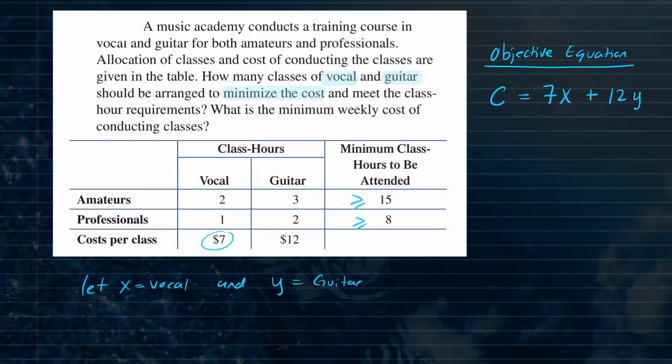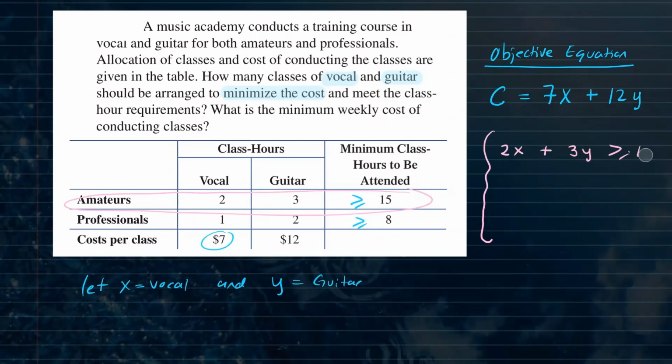Now let's go ahead and write down the constraints. So we have 2 categories, amateur and professionals. Using the first row, we have 2 vocal hours for amateur, so that's 2x plus 3 for guitar amateur, so that's 3y, greater than or equal to 15.